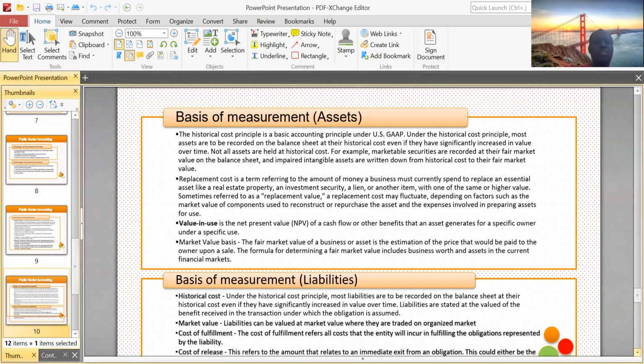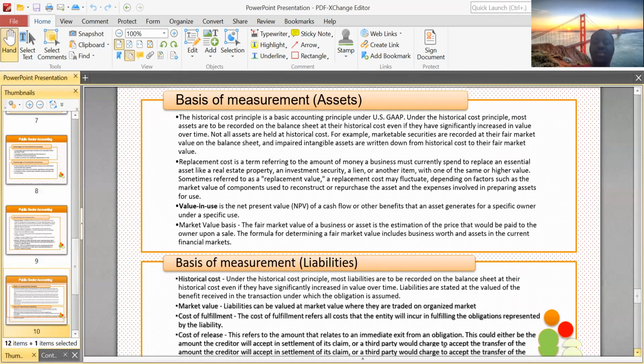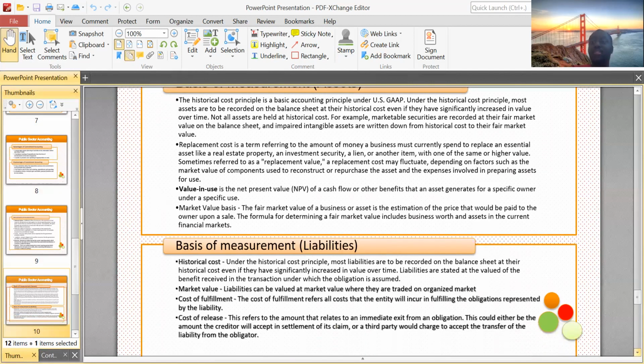Value in use focuses on net present value. I defined it here as the net present value of the cash flow or other benefits that an asset generates for a specific owner under a specific use. When we say net present value, we are looking at the future cash flows that accrue to the asset, discounted to the present value, minus the cost of investment.